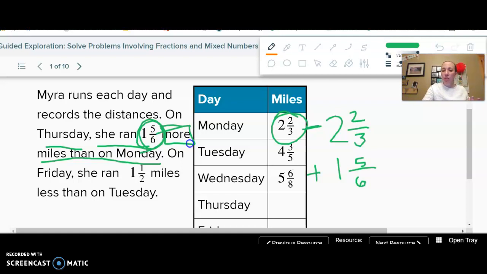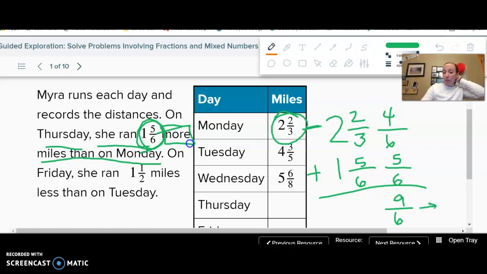We're doing our same steps as always. I'm going to use 6 as my common denominator. So that's times 2, so I get 4/6. That one just stays the same. This is when, if I add, I get an improper fraction. So I need to think, oh, that equals 1 3/6, right? Because 6/6 is 1.